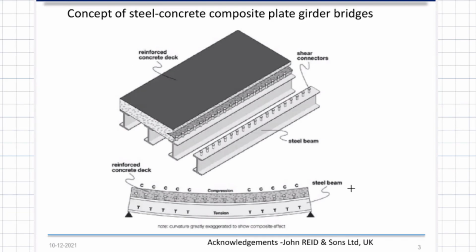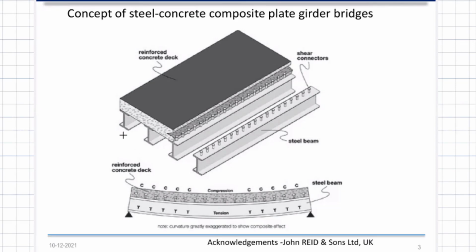This is for the young people, the designers. So what I will try to do is explain the concept. What is the concept of this? First, take a plate girder bridge, right?